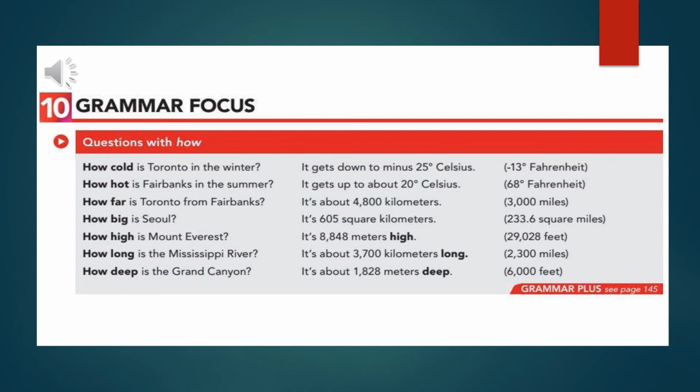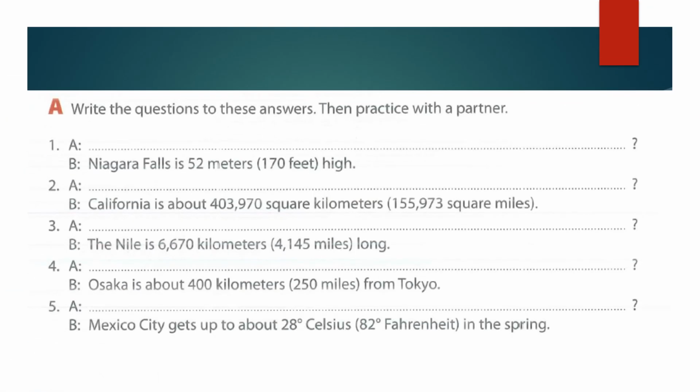Now let's go with exercise A. Use a question with how plus an adjective for each given answer. Take a couple of minutes, pause this video, and answer in your book.